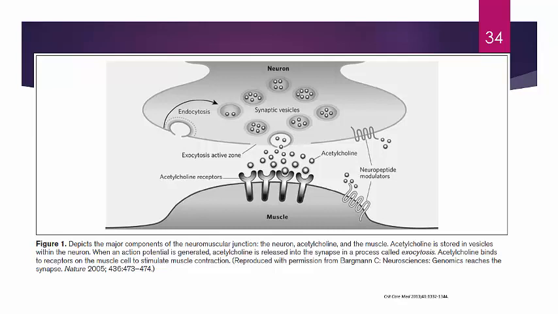So what neuromuscular blocking agents do is they will actually bind to these acetylcholine receptors here and antagonize them, preventing acetylcholine from actually working on the receptors, preventing muscle from being activated. So that's the main important concept, is that the medications that we're going to talk about in this talk mainly act here on this acetylcholine receptor.